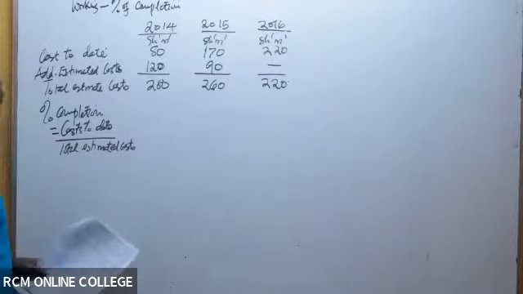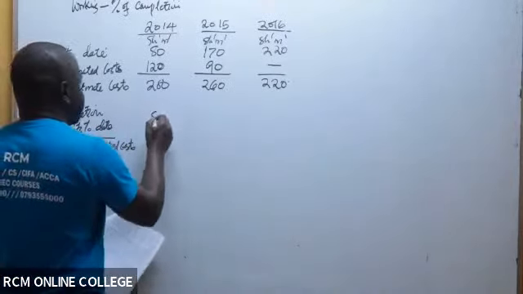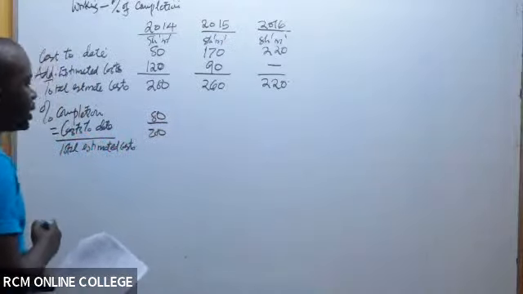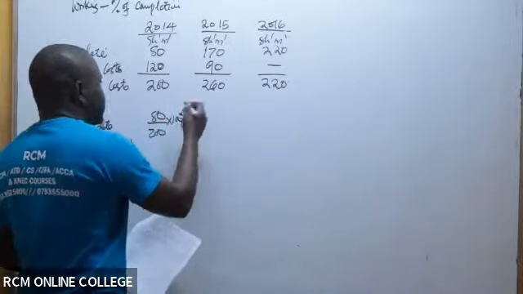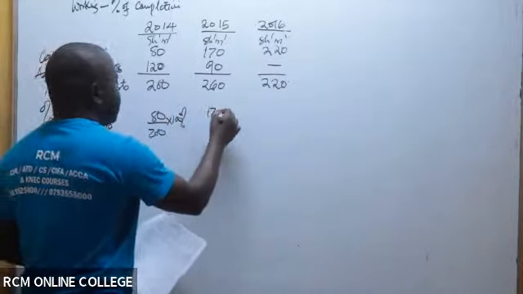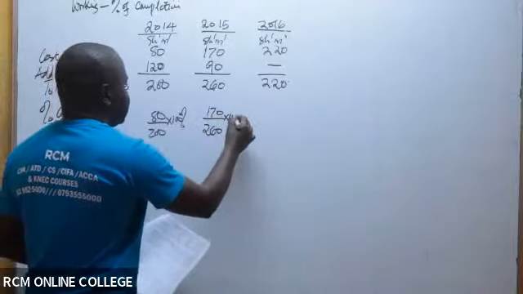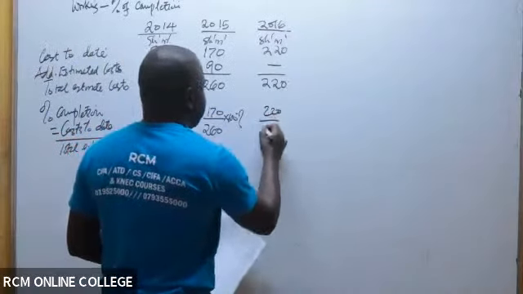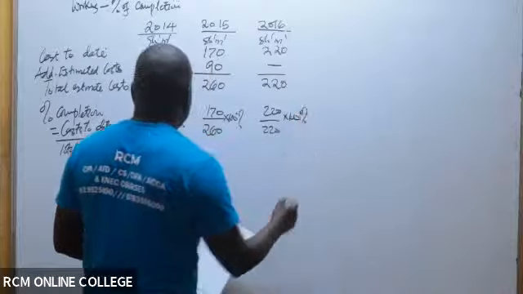So for this particular year, we take 80, you divide by 200, and then you multiply by 100%. This one, you take 170, you divide by 260, you multiply by 100%. This one, you take 220, you divide by 220, you multiply by 100%.